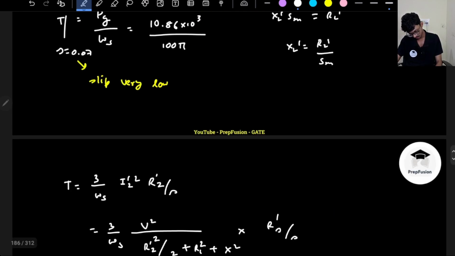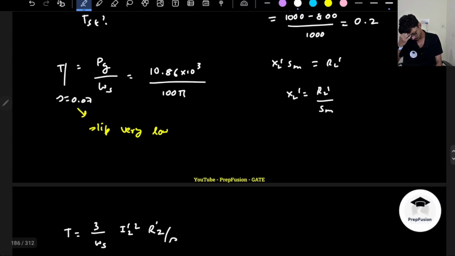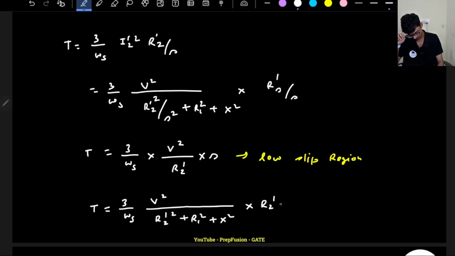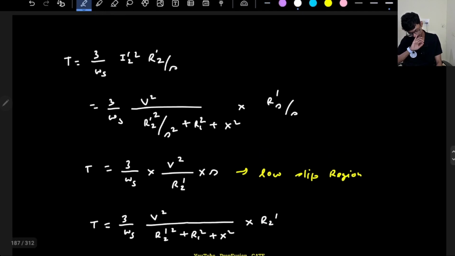This will be converted to 3 by omega s into V square divided by (r2 dash) whole square plus (r1) whole square plus x square, right? This is given to us into basically r2 dash by s, which is 1.